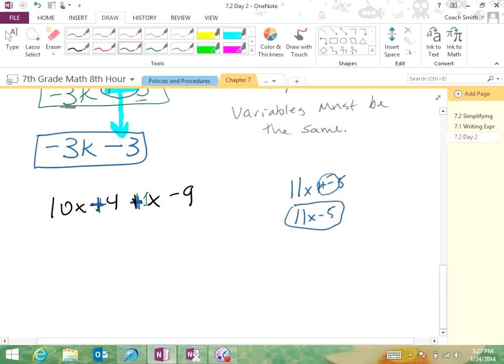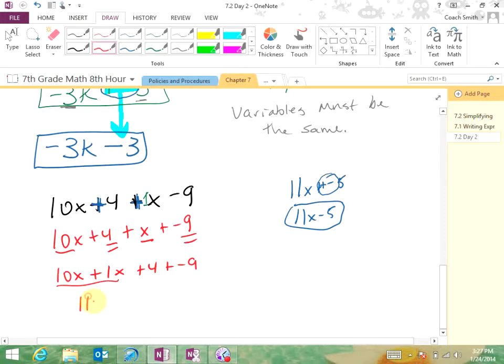Now, here's how you get it. First, we go 10x plus 4 plus x plus negative 9. That's the first step. Second step is those two things are the same and those two things are the same. So I rearrange my terms using the commutative property and get this. Now I put those two things together. 1 plus 10, 11x, plus 4 plus a negative 9, negative 5.